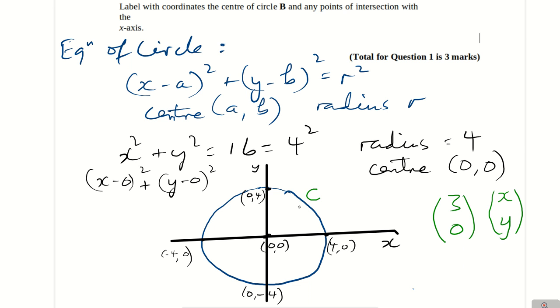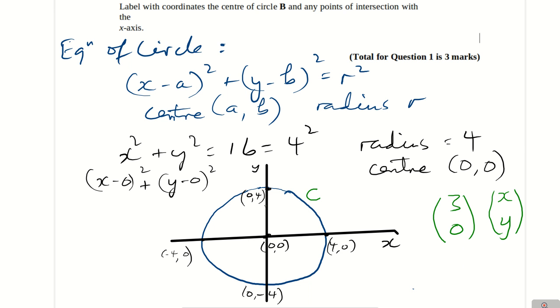So what it's telling us here is that all of our x values on this circle are going to increase by 3, so they're going to move 3 to the right. The y values are not going to change at all. So the circle's not going to move up or down, it's just going to move horizontally across by 3 to the right.